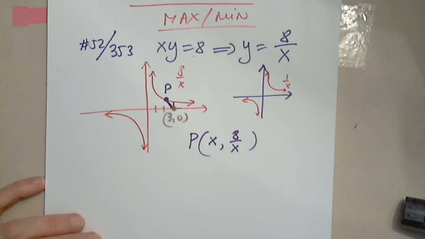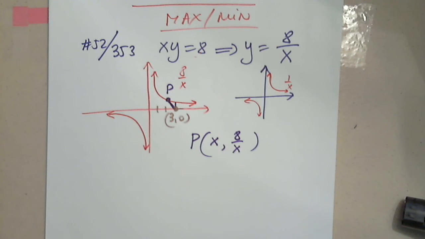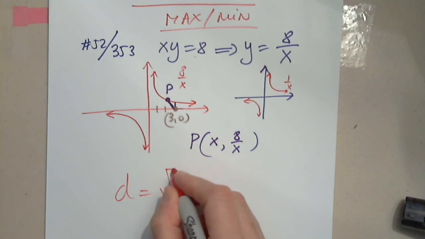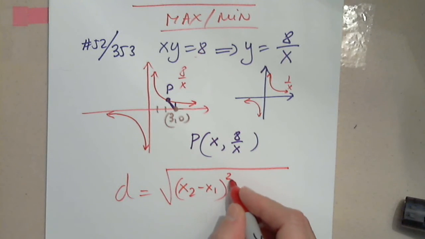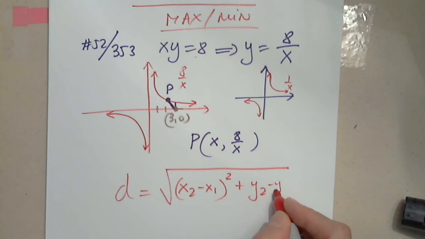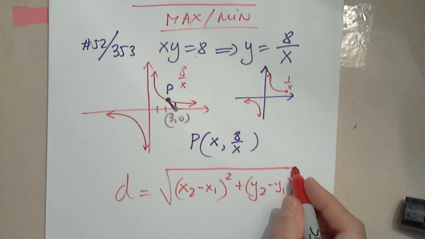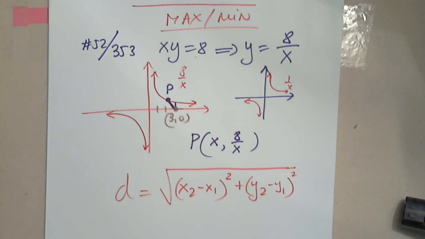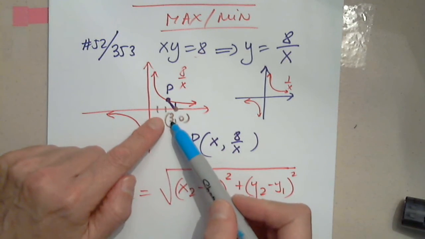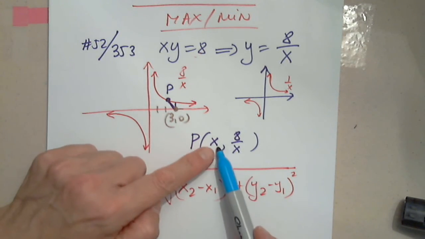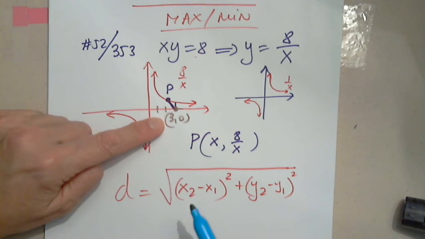Now I would like to refresh your memory on the distance formula. The distance formula is the square root of x2 minus x1, everything squared, plus y2 minus y1, everything squared. And I have 2 points. It doesn't matter which direction you want to go, so you can consider this one x2, this one x1, doesn't matter.